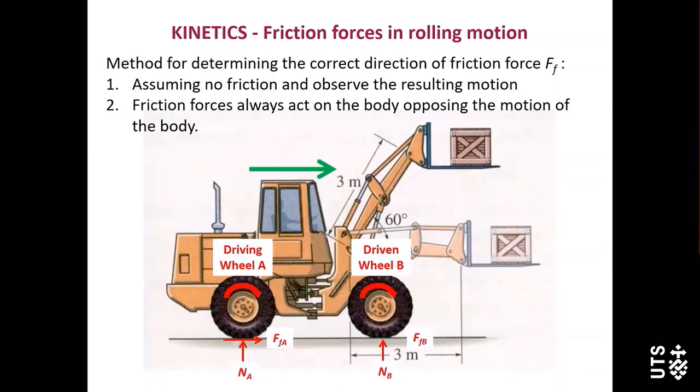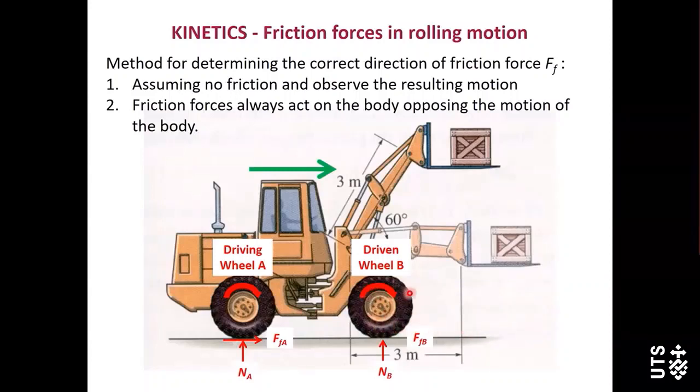Okay, now for wheel B, the driven wheel. If no friction between this wheel B and the contact surface, what will happen? This wheel must be moving like a block, moving forward like a block.